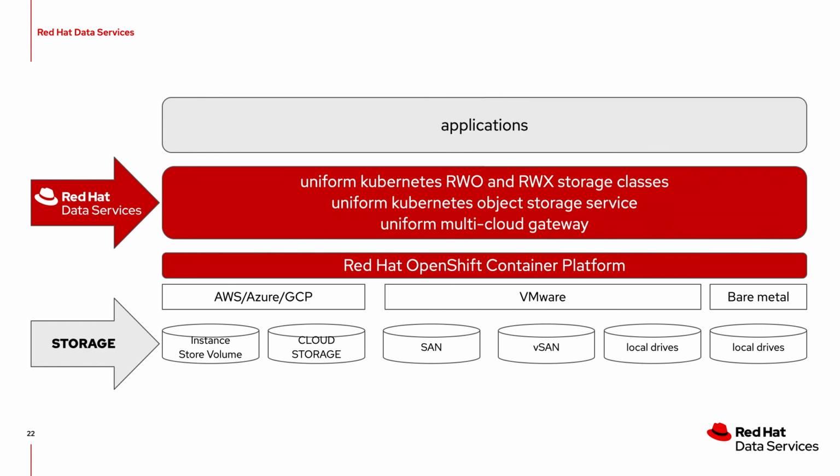This is where OpenShift runs on top of. And then that's where Red Hat Data Services sits. And while it consumes raw disk devices, raw block storage, on top of that, we provide uniform Kubernetes RWO, RWX storage classes, object storage service, and a multi-cloud gateway functionality.